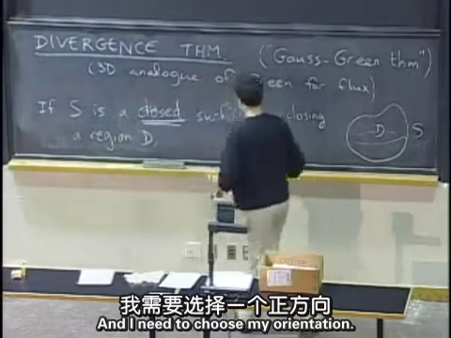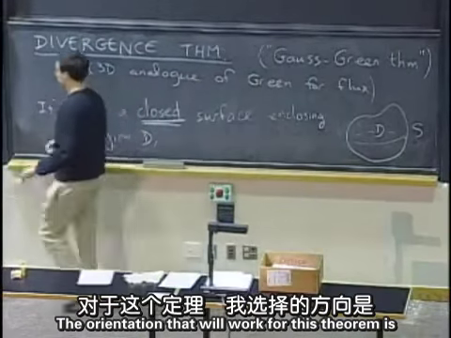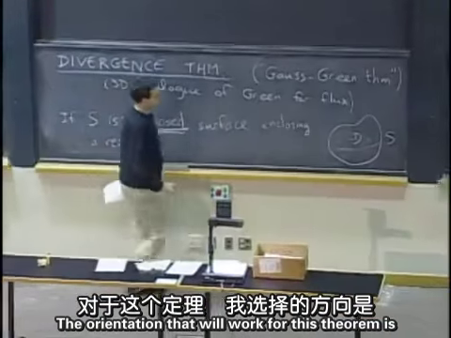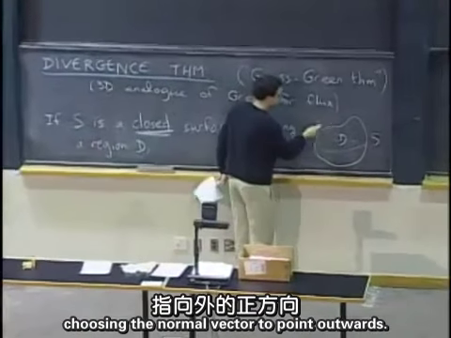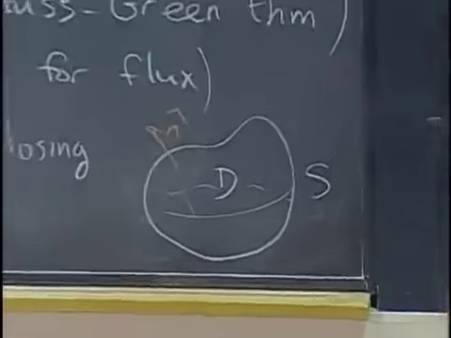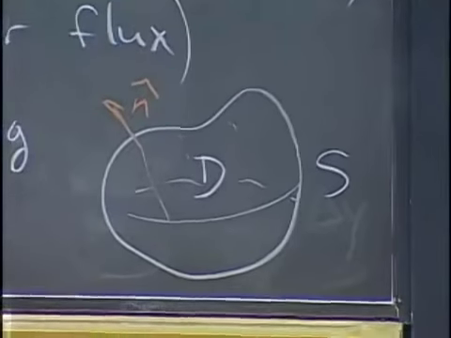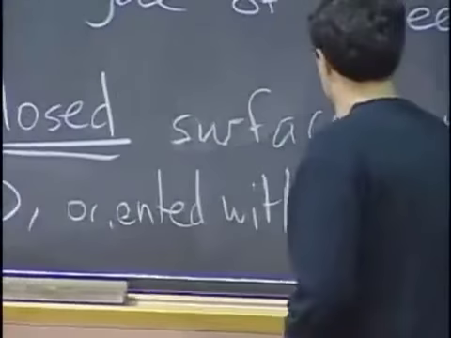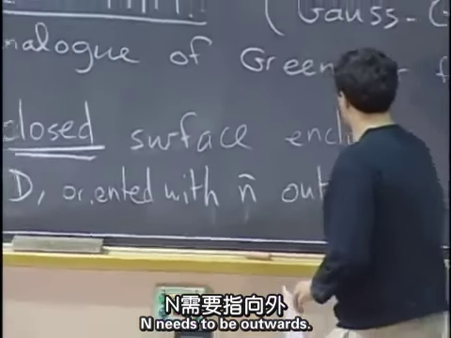And I need to choose my orientation. The orientation that will work for this theorem is choosing the normal vector to point outwards. So n needs to be outwards.